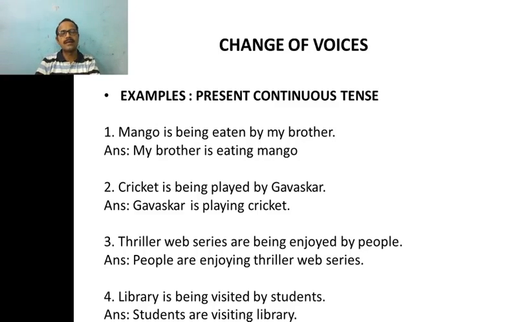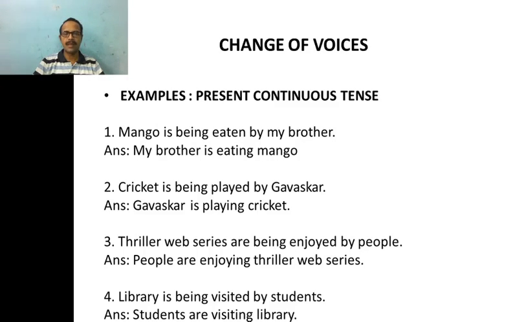Similarly, if you look at the third sentence, thriller web series are being enjoyed by people. People are enjoying thriller web series. Here it is are once again because people is a plural subject, third person plural subject. Whereas my brother is a third person singular subject.